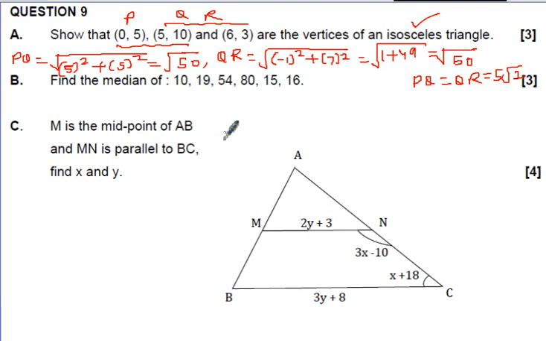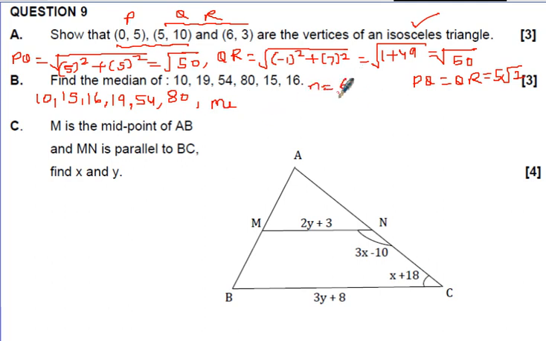Sometimes teachers may check that. Find the median. For the median, many children find the value in between, or they find the average of these two. For the median, you have to arrange first. So when you arrange, 10 will come first, then 15, then 16, then 19, then 54, and then 80. You know your median is the middle term, and here n is an even number.